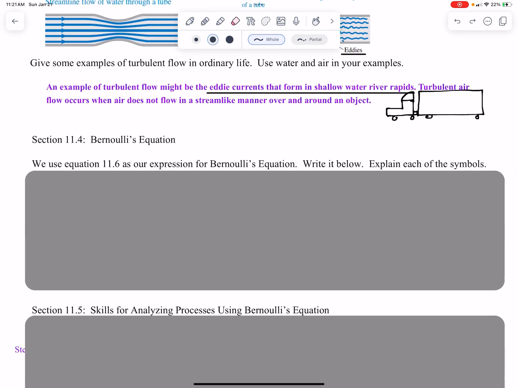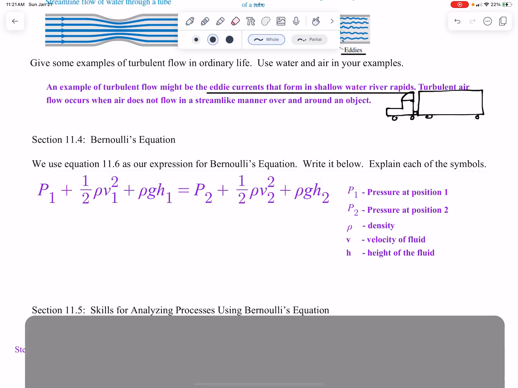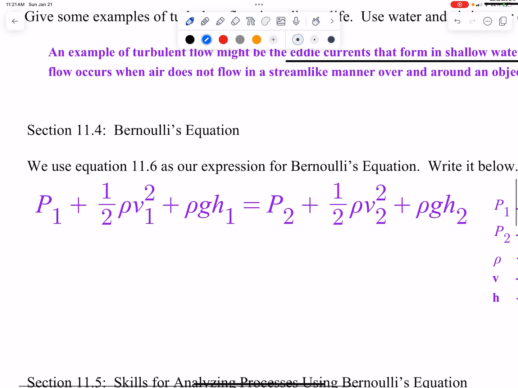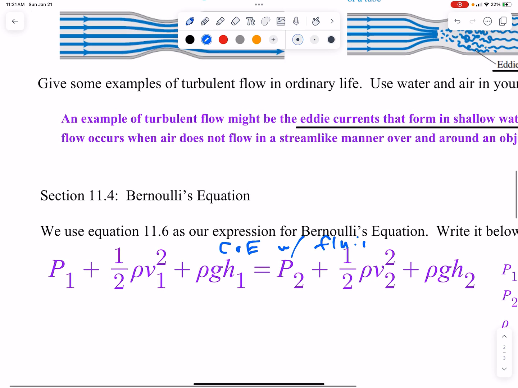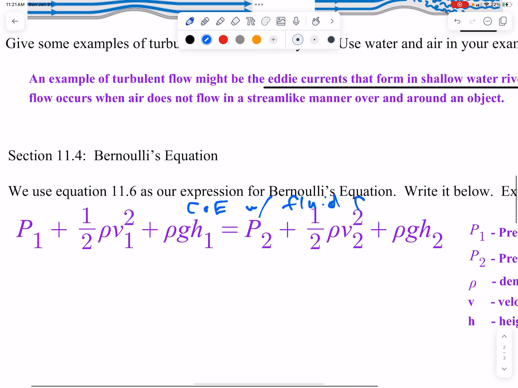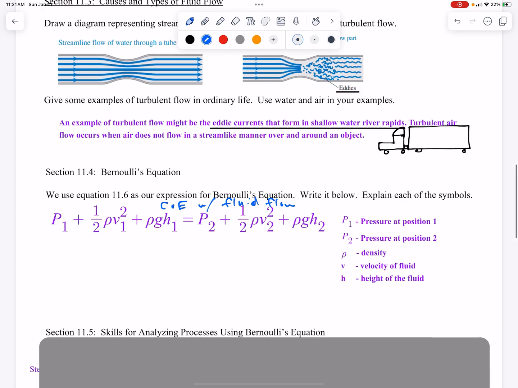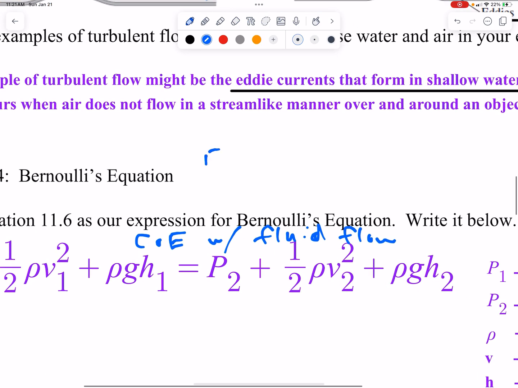Section 11.4, Bernoulli's equation. Okay, Bernoulli's equation is essentially a statement of conservation of energy with fluid flow. Okay, let me explain. So conservation of energy stated that total energy initial equals total energy final.